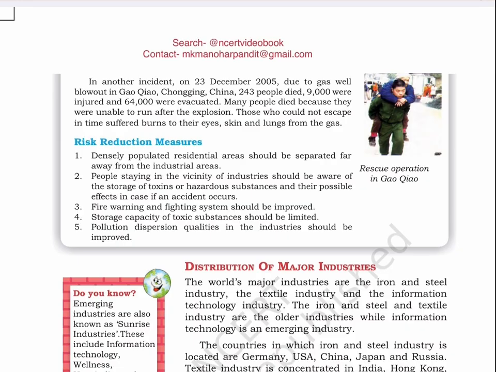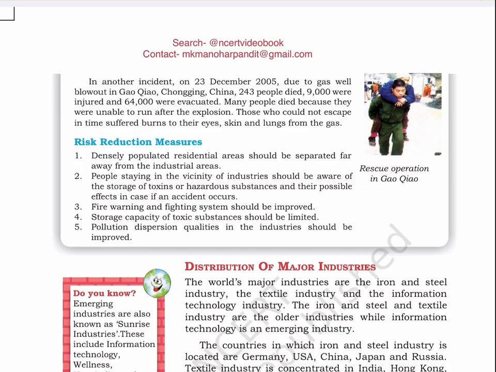Those who could not escape in time suffered burns to their eyes, skin, and lungs from the gas. On the top right side, there is an image of rescue operation in Gao Kuiao. In image, there is a army man who is holding a lady on his back.